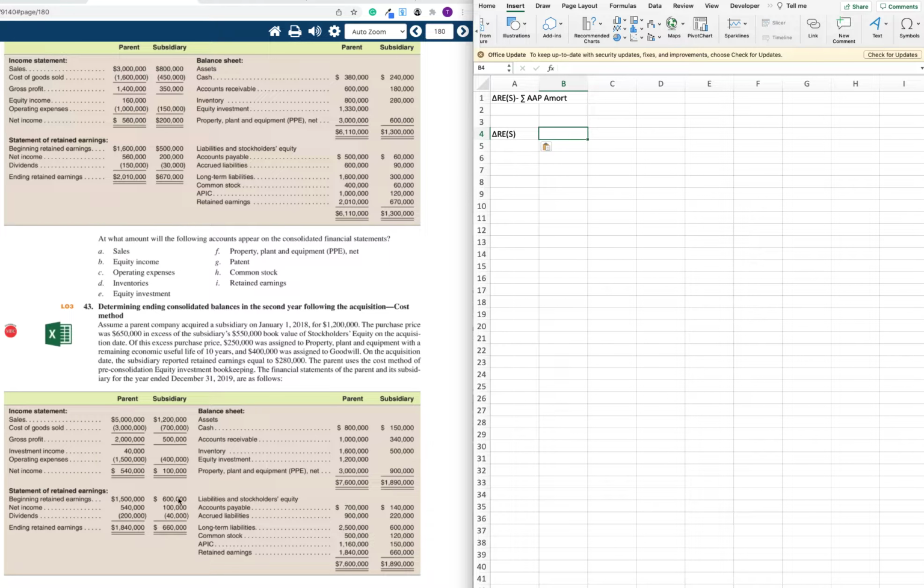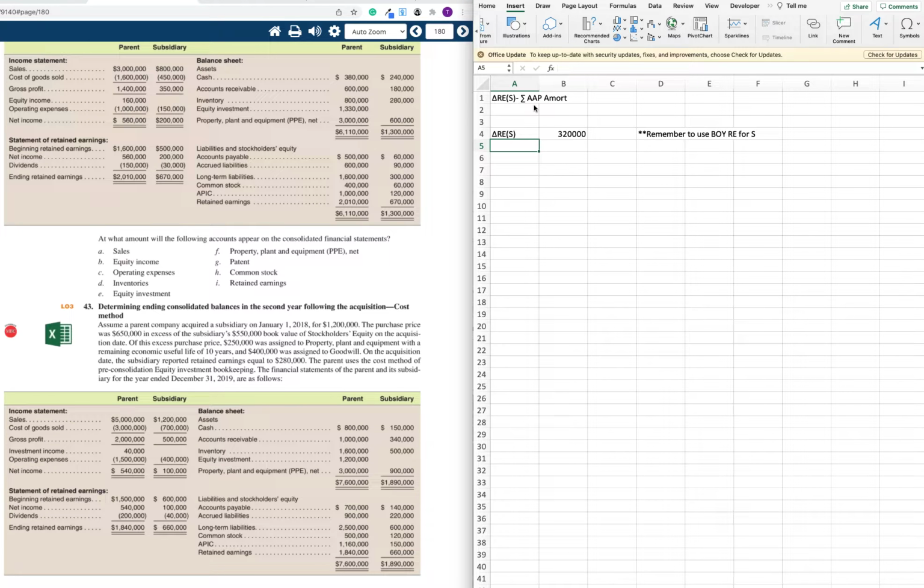So that's going to be equal to our $600,000 minus $280,000. So here I'll put 600 minus 280. And then I'm going to put a note. Remember to use the beginning of year RE for our subsidiary.